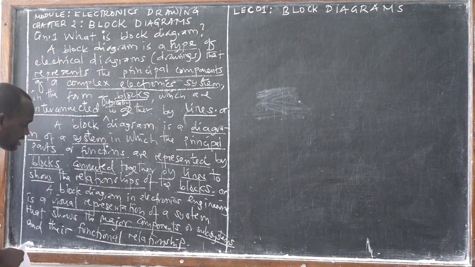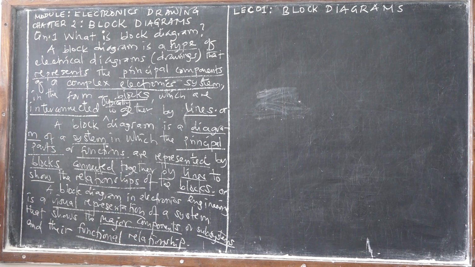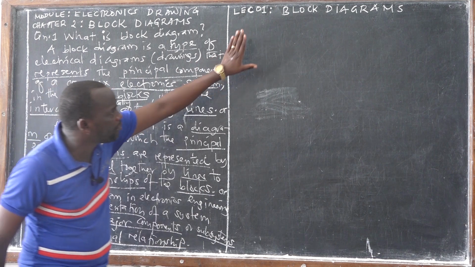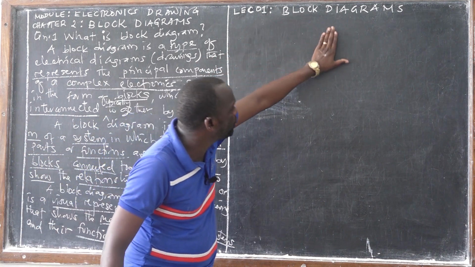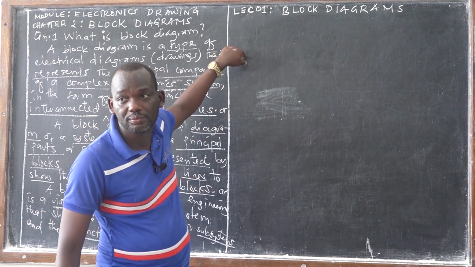And they show what? This is very important: functional relationship. Say functional relationship. From these keywords, functional relationship, it means that if you have block 1 here and block 2 here, then block 1 and block 2 have a functional relationship.